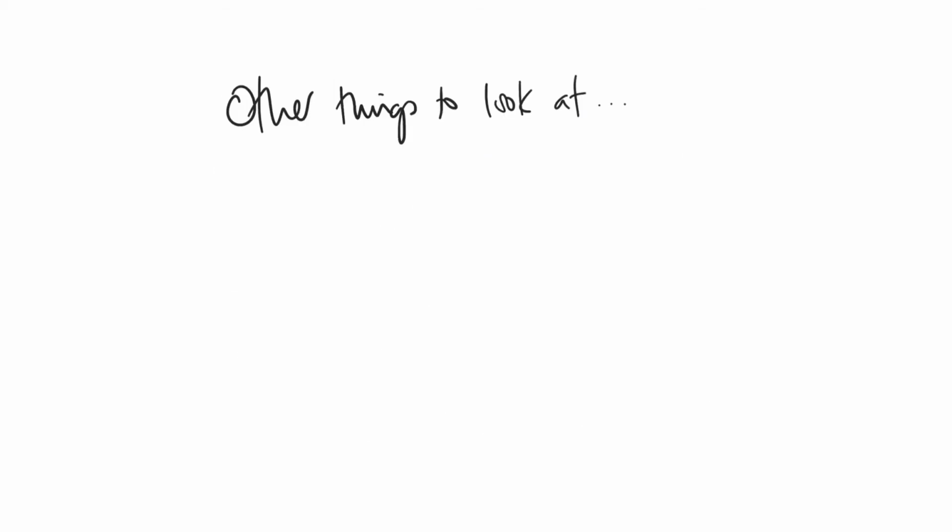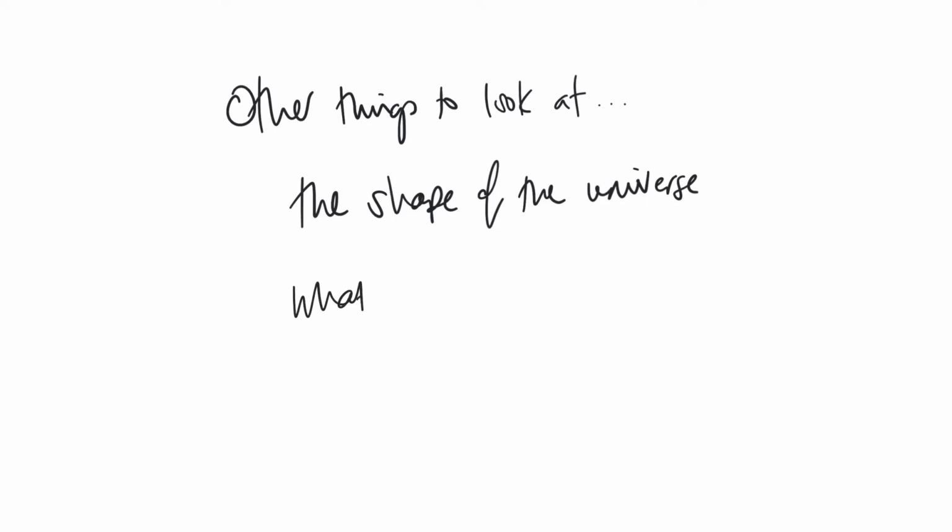So that leaves us with probably many questions about the universe because we don't really know, but there are lots of theories out there. So please do spend some time looking at other things, such as the shape of the universe. So some people say it's a saddle shape, some people say it's spherical, some people say it's flat, and there's different terms that you can look at, not necessarily as part of your specification, but you might find of interest.